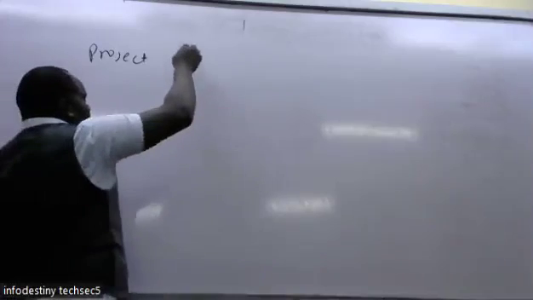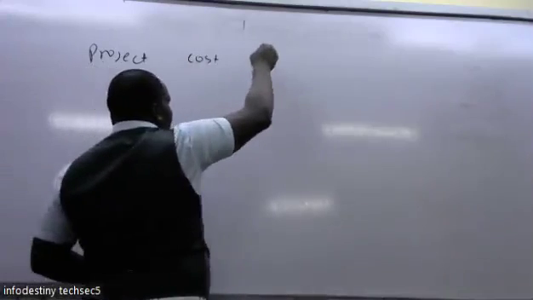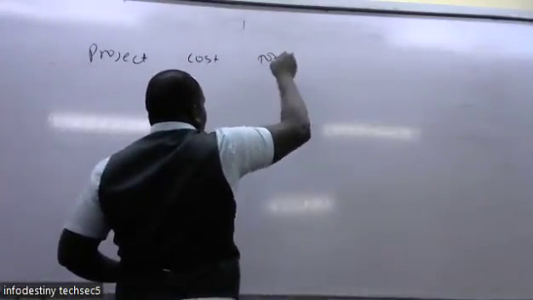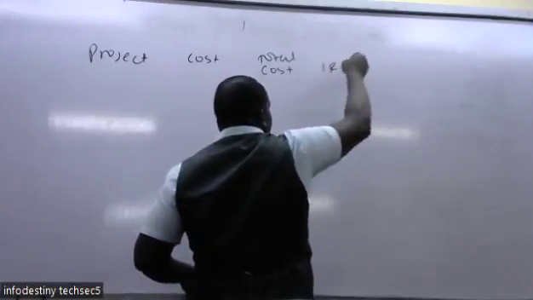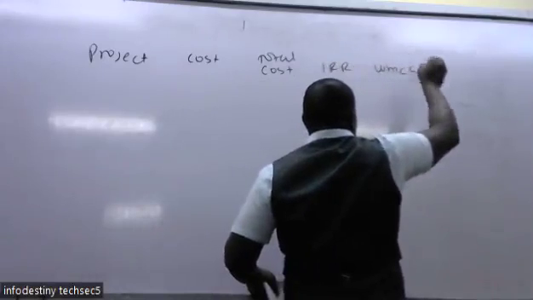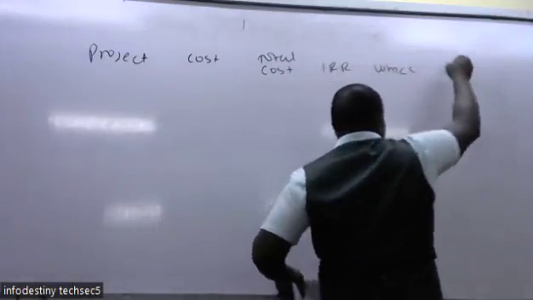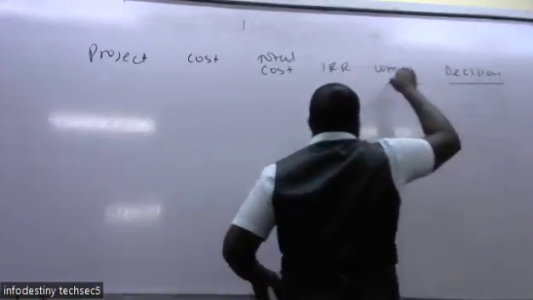Then the cost. Also, the total cost. Then IRR. Then also WMCC. Then we make the decision.